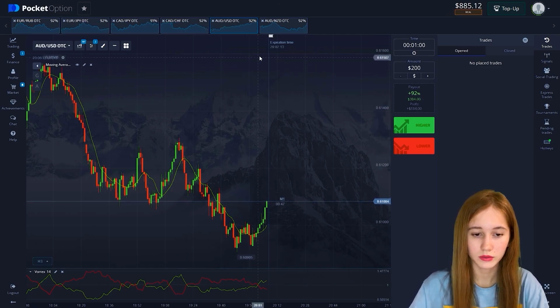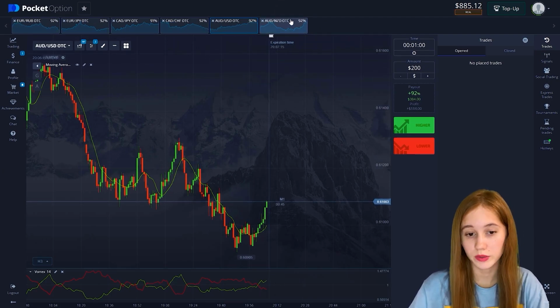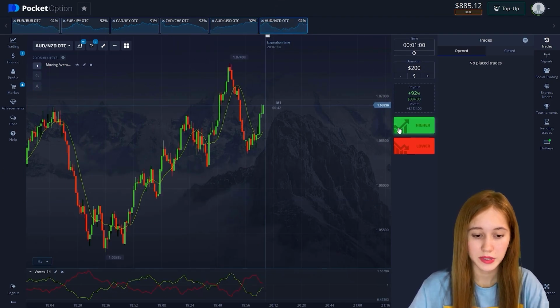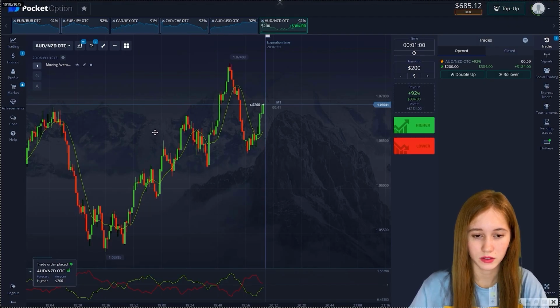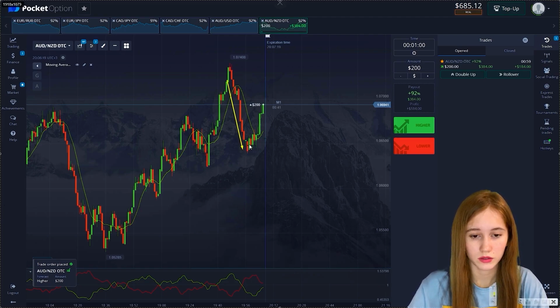Here we are, open up, and we start our technical analysis. What we see here, we see there was a drawdown and quite large growth.